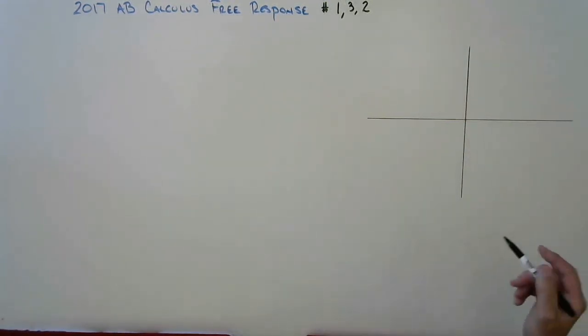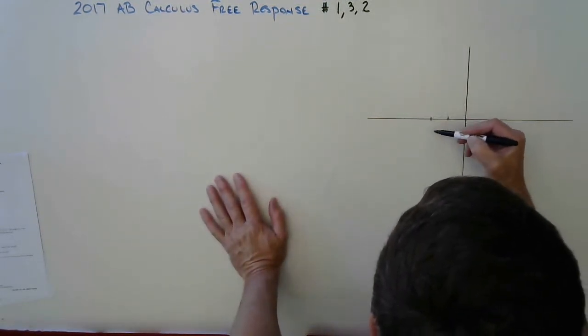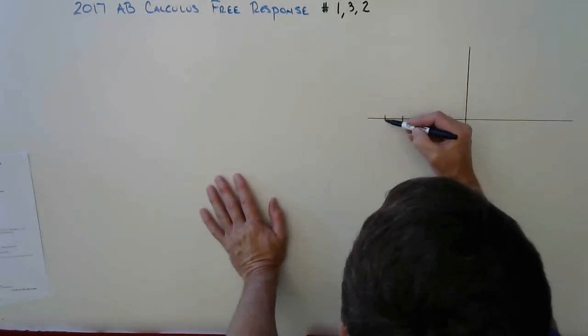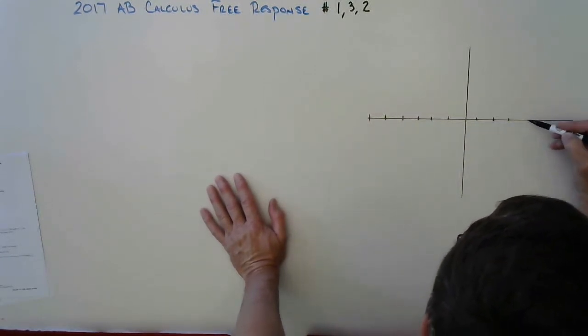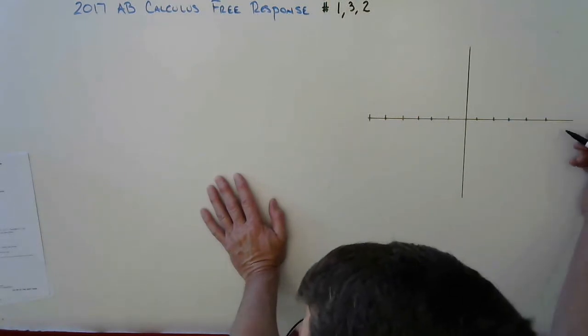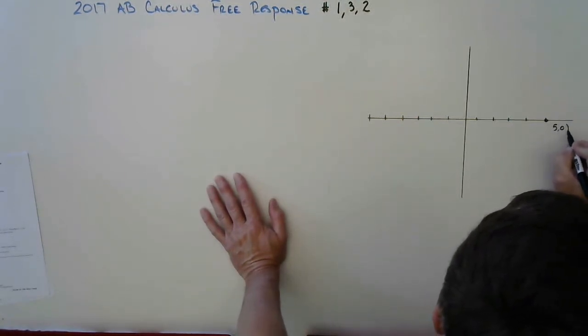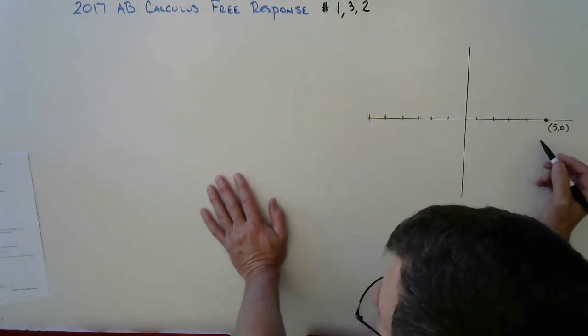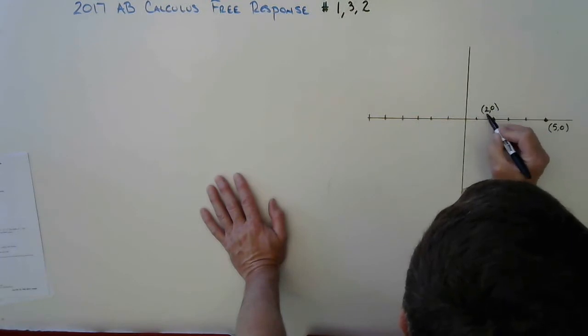And what do we know about our graph? Well, let's see. We know we have 6 units over here, and we have 5 units over here. Our graph has an x-intercept at 5, 0. It has an x-intercept at 2, 0.